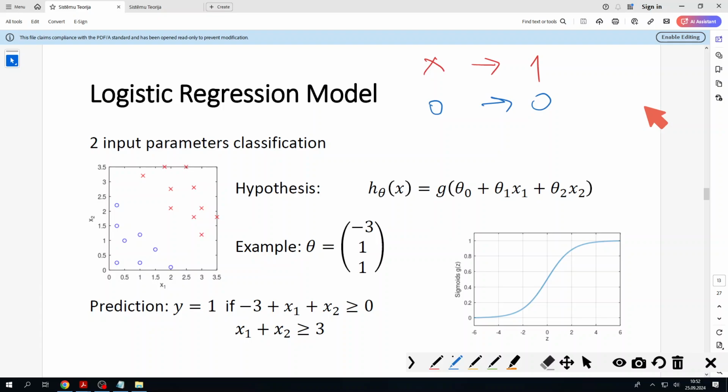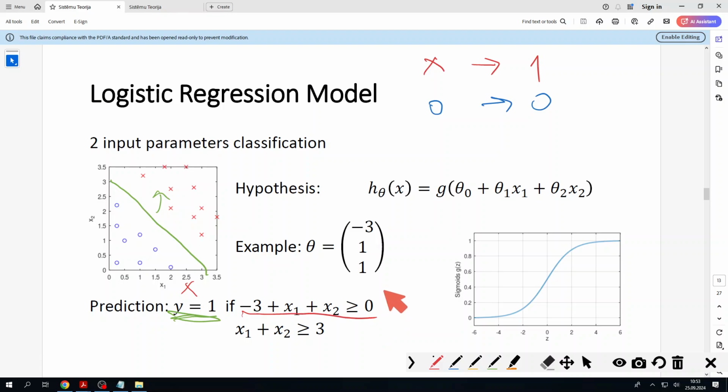So the red cross has to be above this line, right? They are above. And since our red cross is 1, that is the case. We need to have predicted a red cross, which is y equal to 1, and that happens only if this is at least 0.